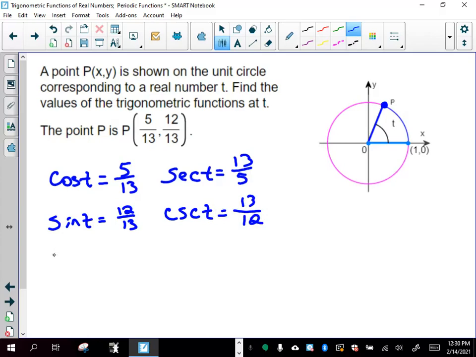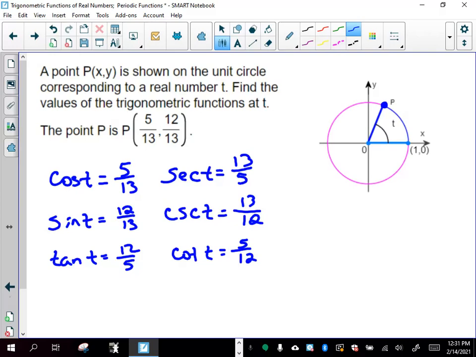And then we have tangent of t is equal to sine over cosine. So remember, it's just their numerators, which means that cotangent of t is 5 over 12. So hopefully that wasn't too hard for you. Same thing that we did. Like I said, it's just in a different wording and different style.